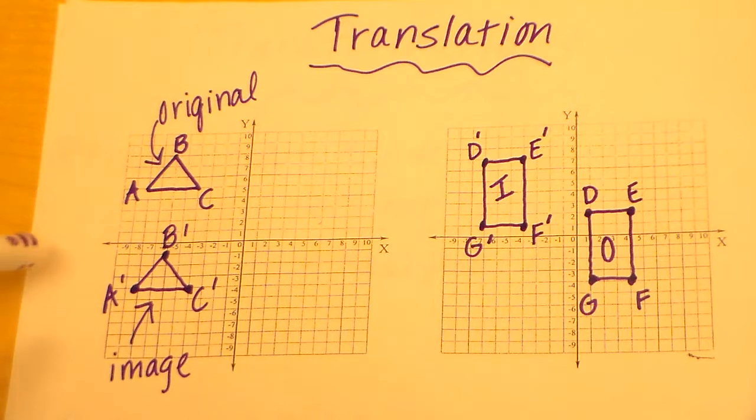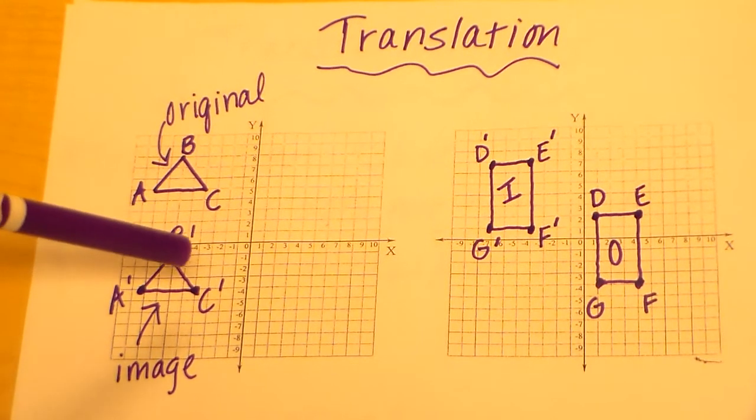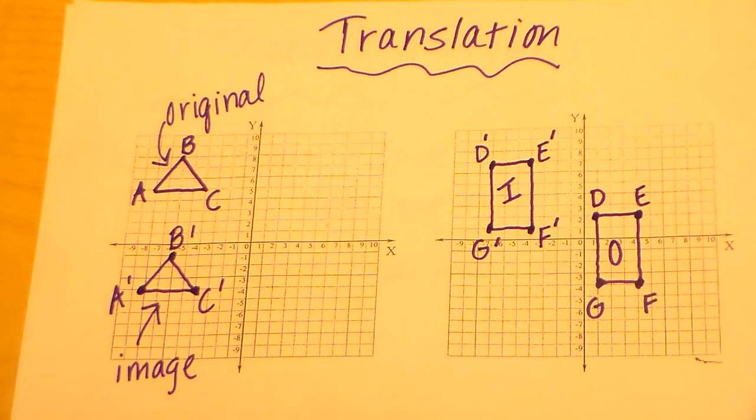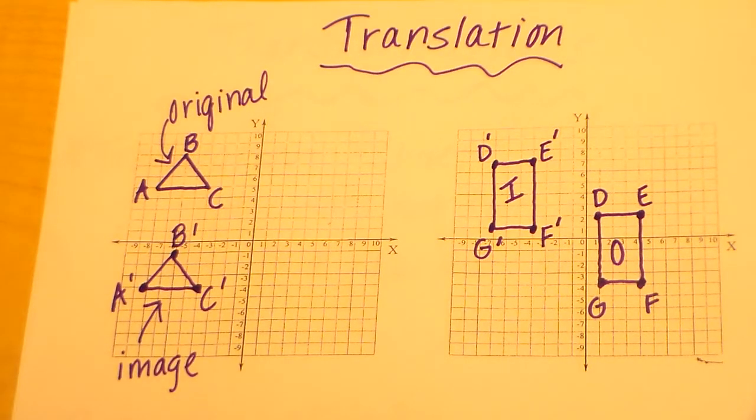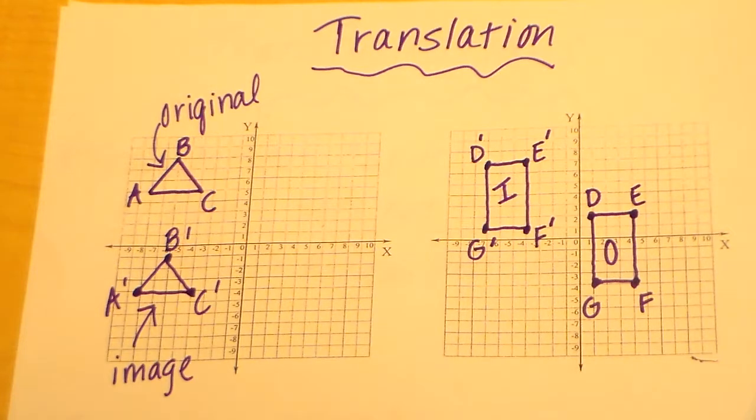And you're going to see it labeled with these apostrophes next to the letters. And the way we refer to that is prime. So this would be A prime, B prime, and C prime. And it really serves no purpose other than just showing us which one is the new picture versus which one was the original. So you're going to see me using the letters O and I, such as I did over there, just to refer to which is the first one that we're working with and which is the new one.